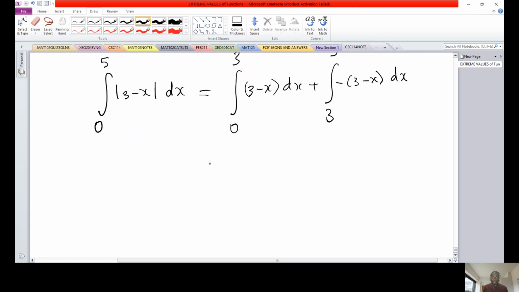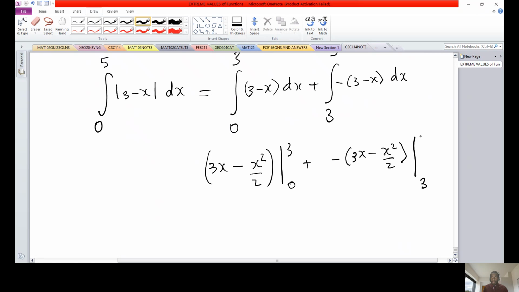Now, this one gives us 3x minus x squared over 2. You apply limits from 0 to 3, plus negative of 3x minus x squared over 2, you also apply limits from 3 to 5.